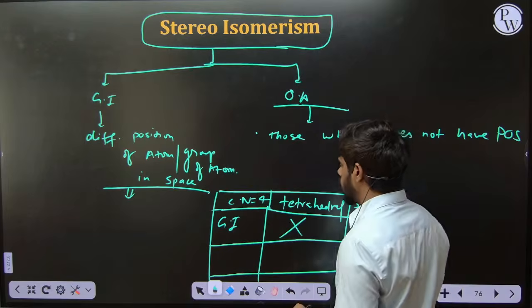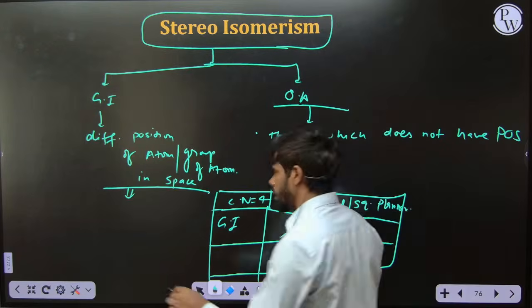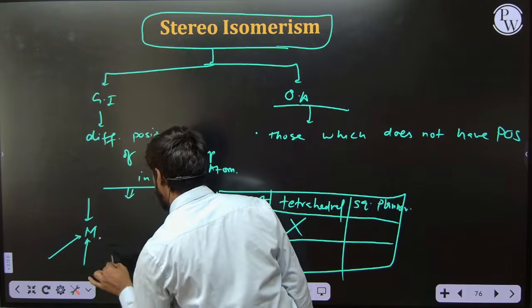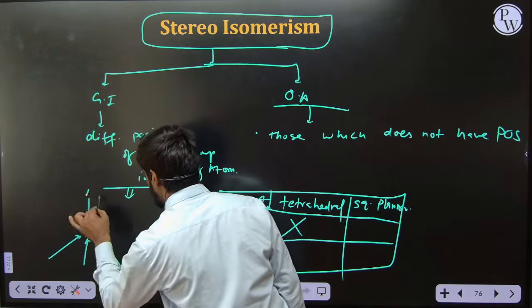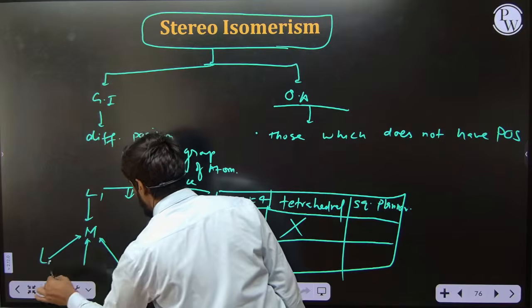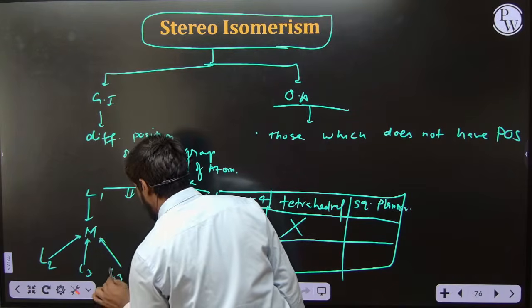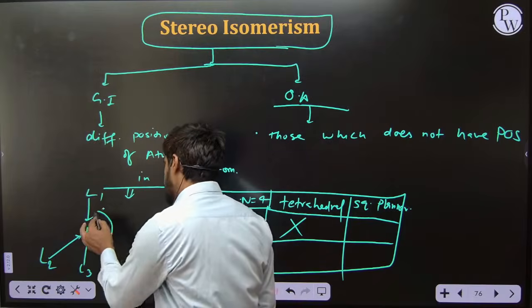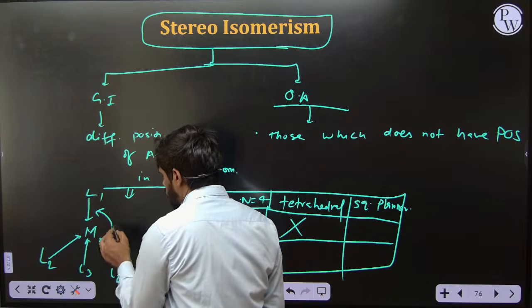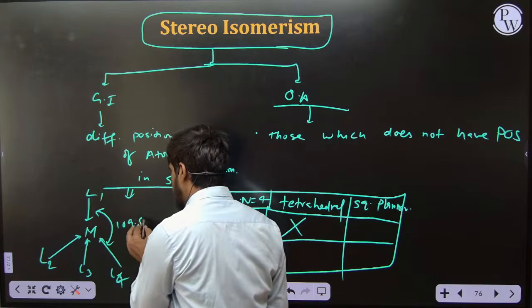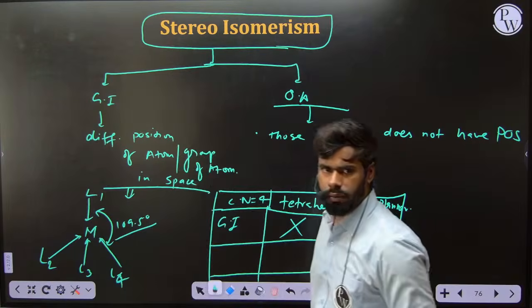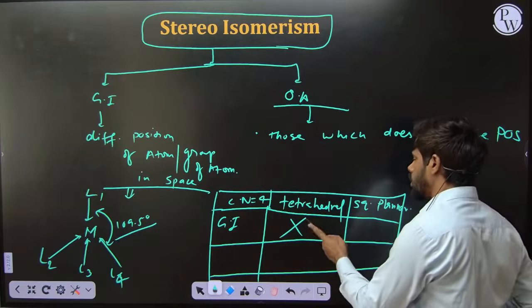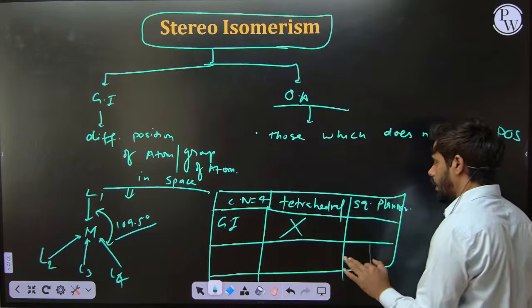It can never show GI. In case of tetrahedral, the relative position of ligands 1, 2, 3, even though ligands are different, is always the same, as the angle between them is always the same, that is 109.5 degrees. So it is always the same distance between all the ligands to each other. That's why there is no relative position difference we can get.